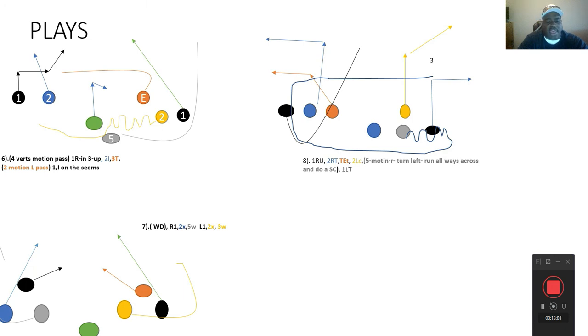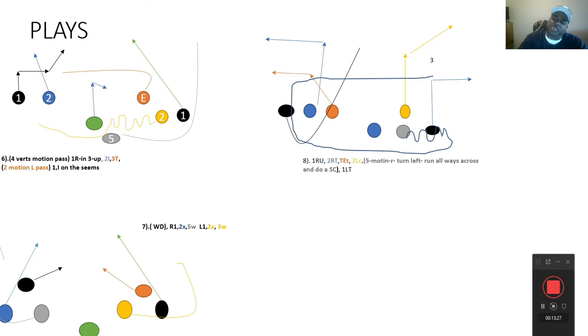And on the other side, number 1, he's going left in the slant. Okay. Number 2, he's going a quicker slant. And number 3 is doing a wheel coming out the backfield. Now, let's look at number 8.